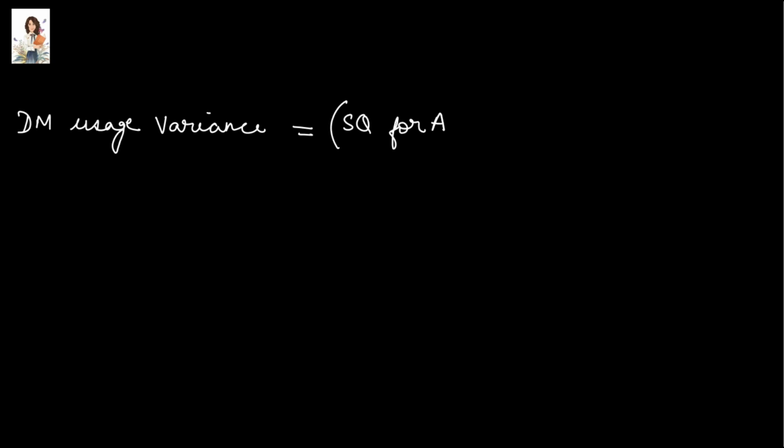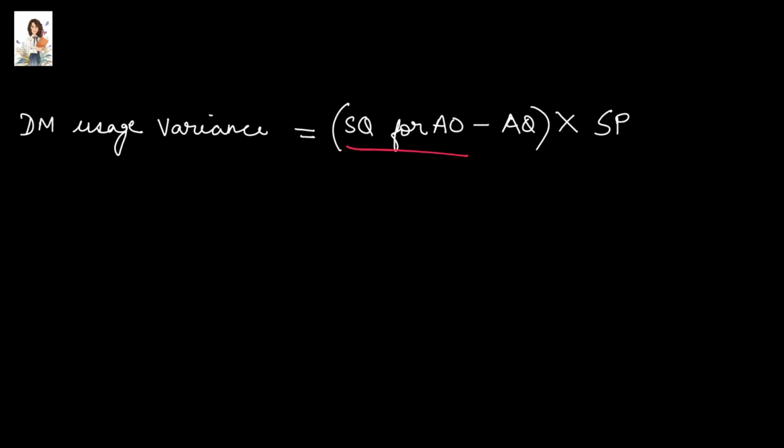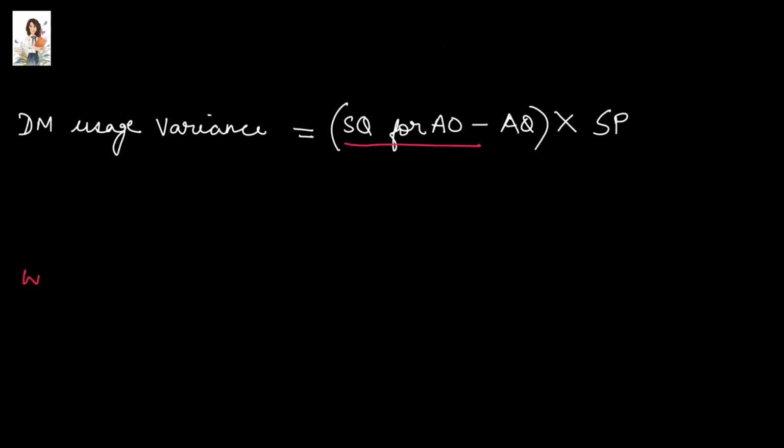Lastly, we have to find the direct material usage variance, the formula for which is standard quantity of material for actual output minus actual quantity of material used multiplied by the standard price of material. Now, before we find the standard quantity of material for actual output, we need to find the standard quantity of material for standard output. That is the budgeted standard quantity of material. So we'll prepare a working note 7.